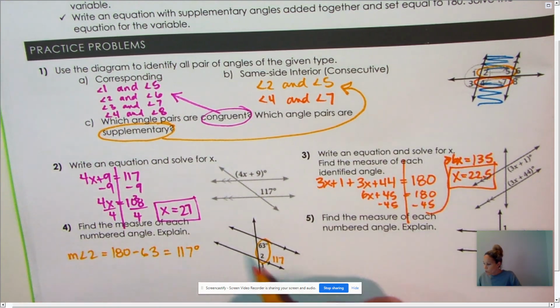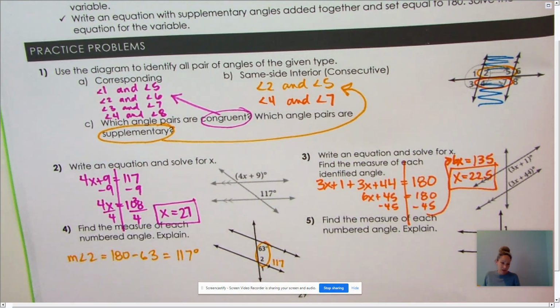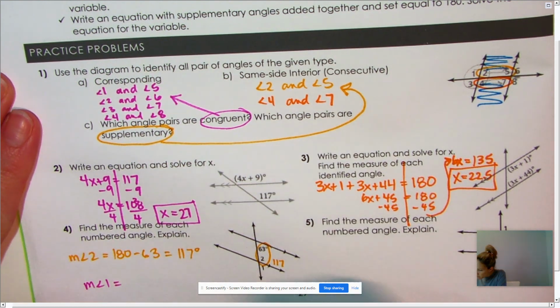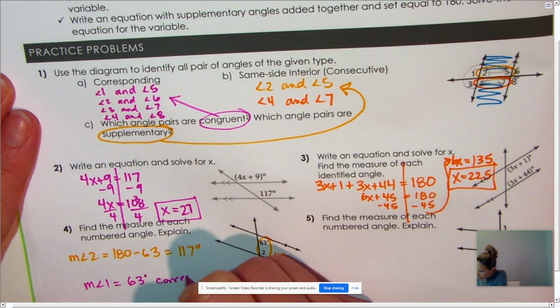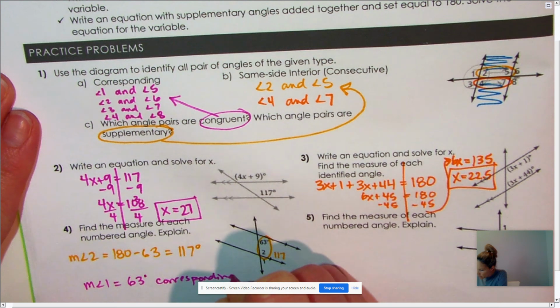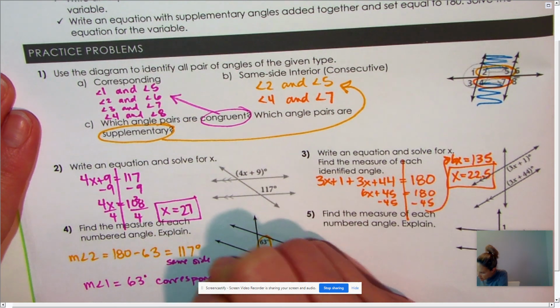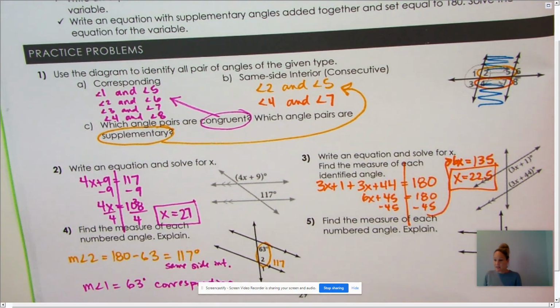Okay, well then 1 and 63 are corresponding, so I know that they have to be equal to each other. And so I'm going to write that the measure of angle 1 equals 63 degrees because it's corresponding. Okay, and then this one was same side interior, or you could say consecutive angles. That also means the same thing.